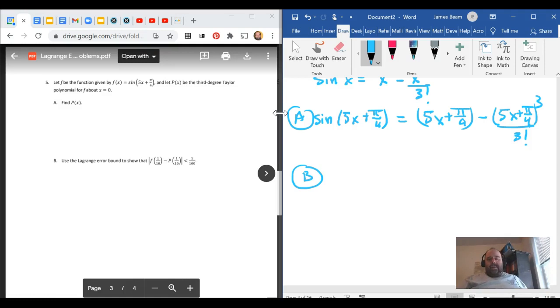Okay, so here's what I've got. I want to show that the functional value of 1/10 is less than 1 over 100.